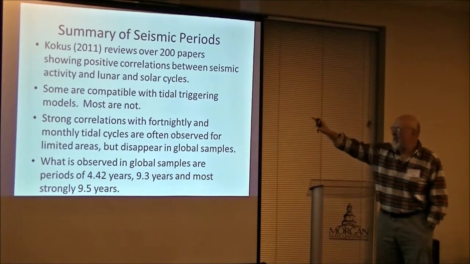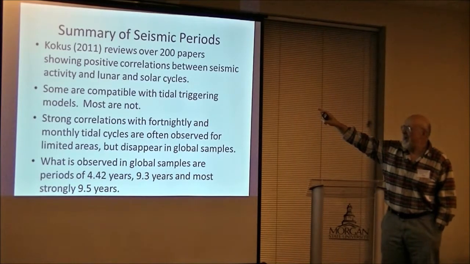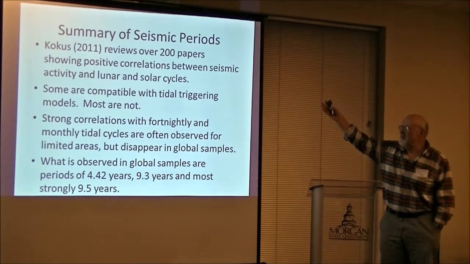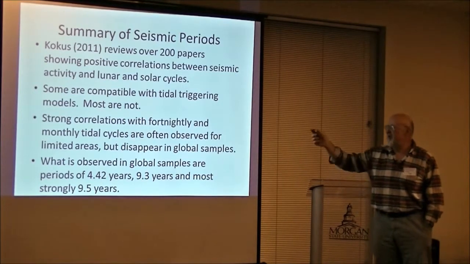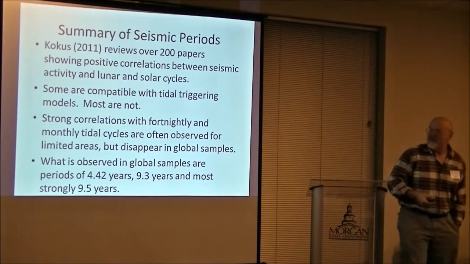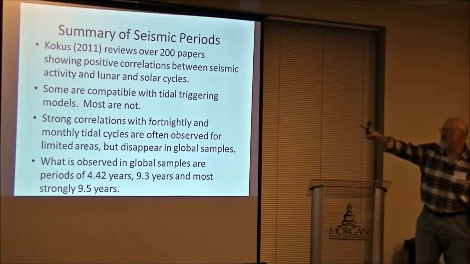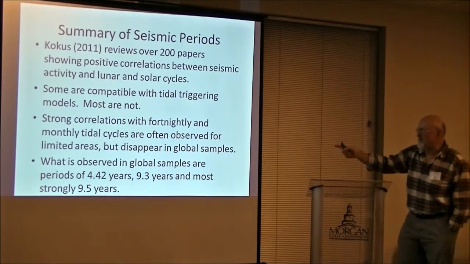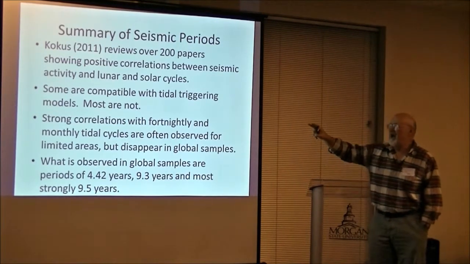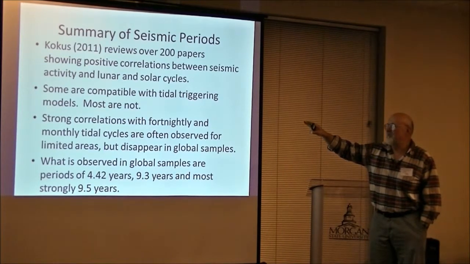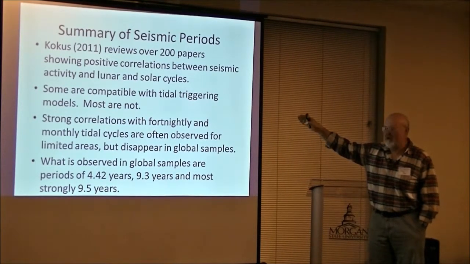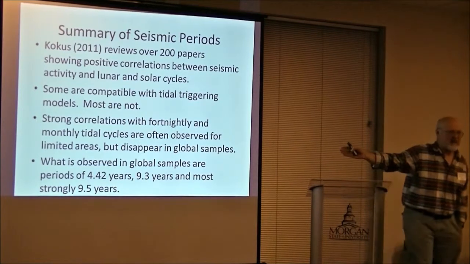Now, I did a meta-study of over 200 papers that showed positive correlations between seismic activity and lunar and solar cycles. A lot of people find a weak correlation with local times.